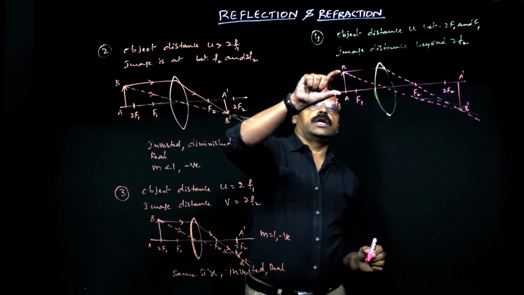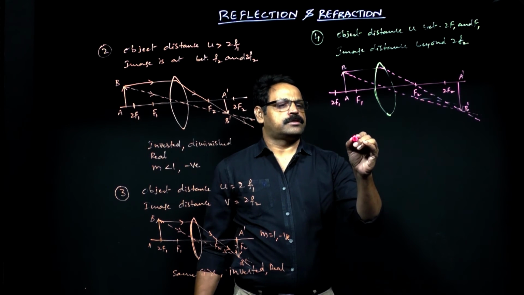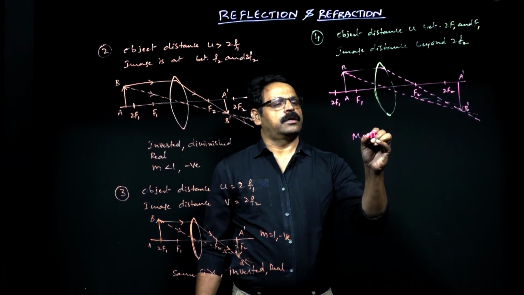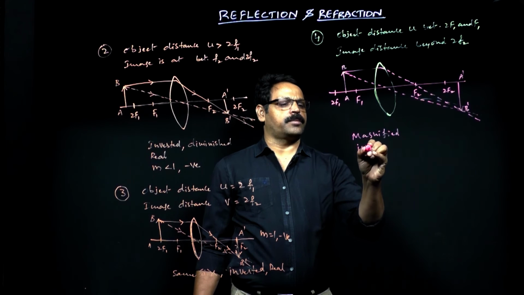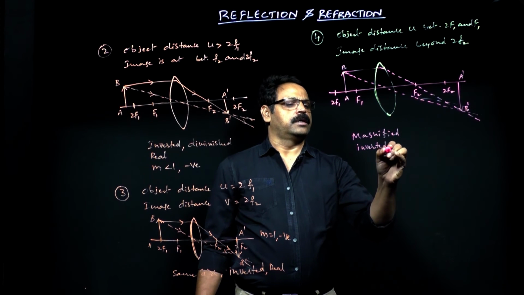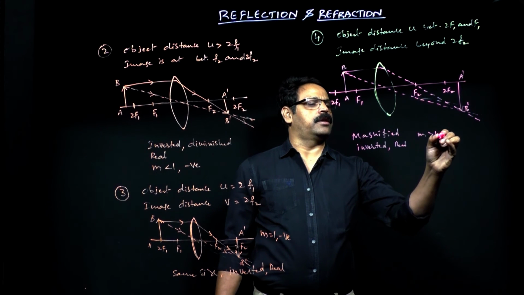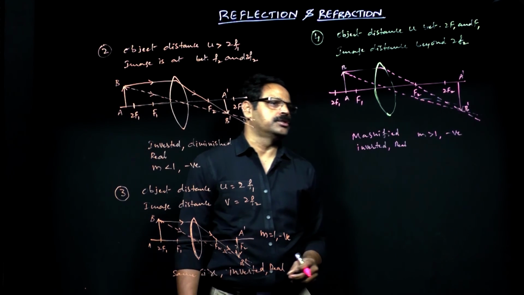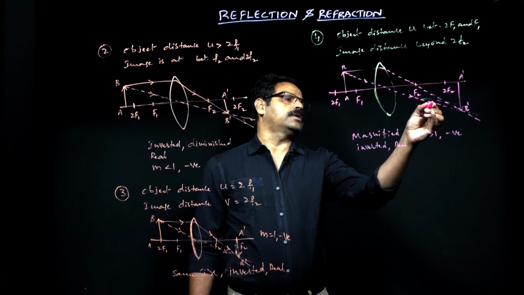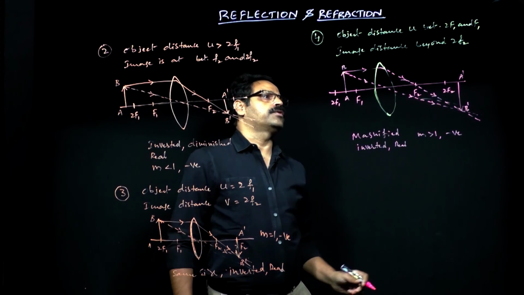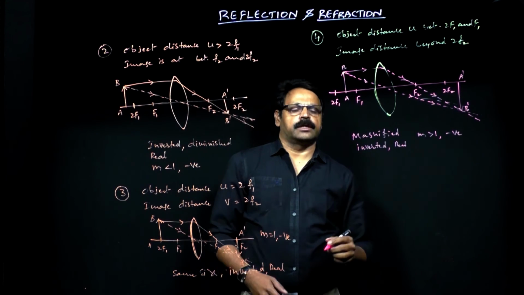You can easily note that A dash B dash is more than AB. Therefore the size is magnified, inverted, real, and magnification is greater than 1 but negative because it is a real image. This is the image for an object between 2f1 and f1.